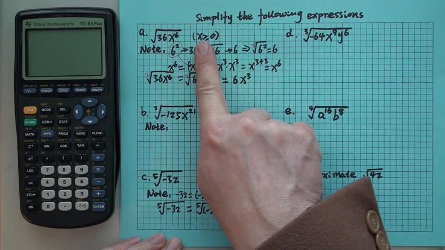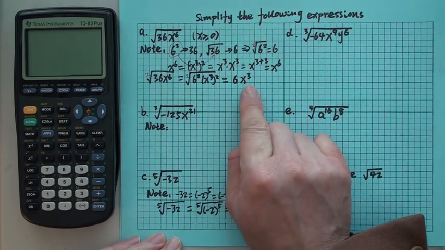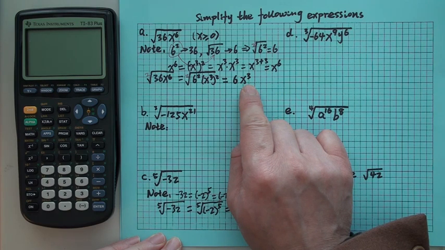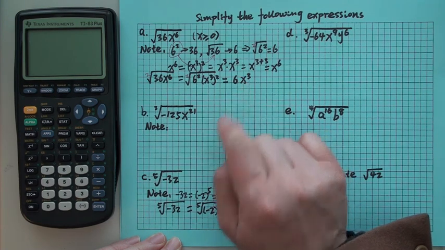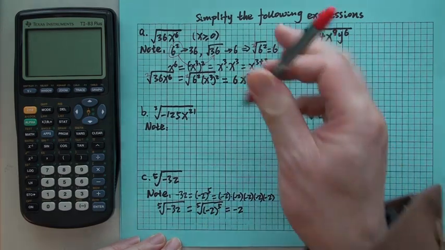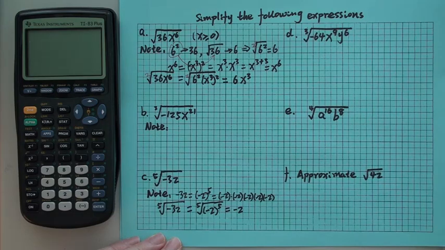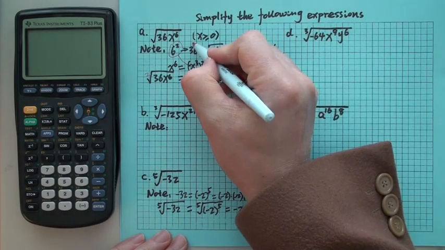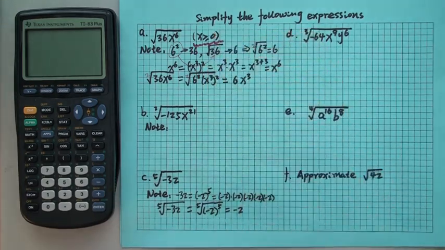If x is less than 0, we cannot, because anything times itself 3 times gives a negative number. So here we need to emphasize that x needs to be greater than or equal to 0.